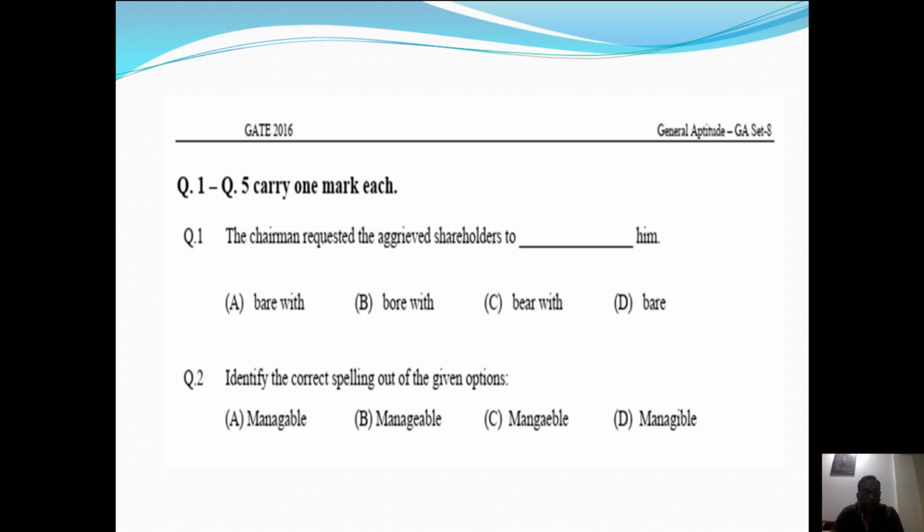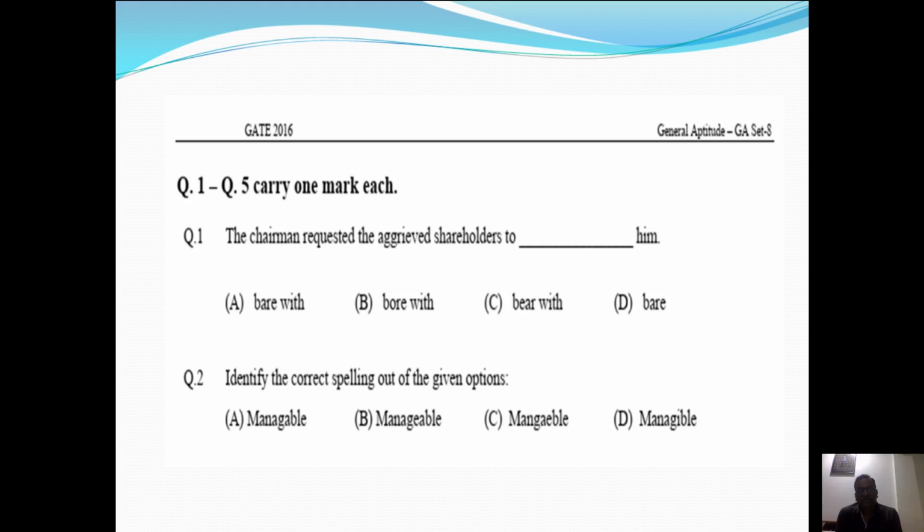Option A, spelling: "Managable," manageable. Getting it? Option B, "Manegeable," manageable. Option C, "Manegaeble," again manageable. And option D, "Manegible." When we read such words, we find that all seem correct because they all convey the same word, manageable.